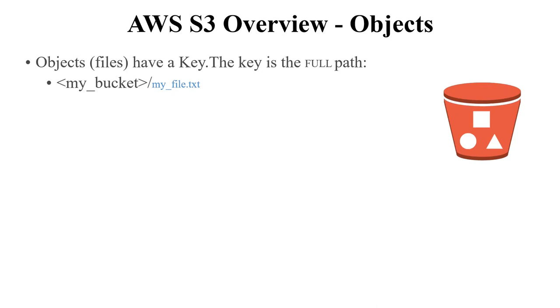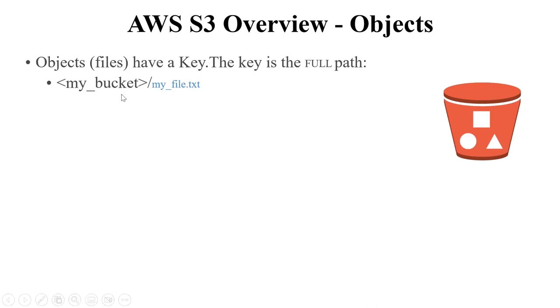Normally in the operating system we can create a folder and subfolders and keep files within them. The same way, the complete path of the object where it is stored in the bucket is the key, in normal terminology the path of the object.